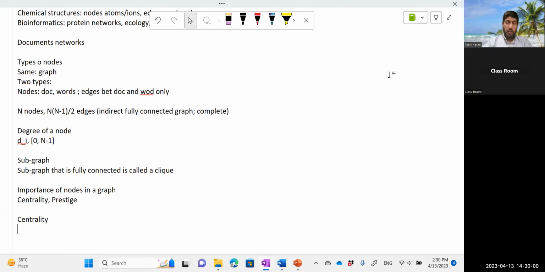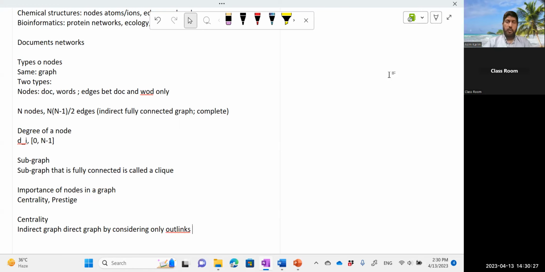Usually the notion of centrality applies to undirected graphs, and to directed graphs by considering only outlinks.